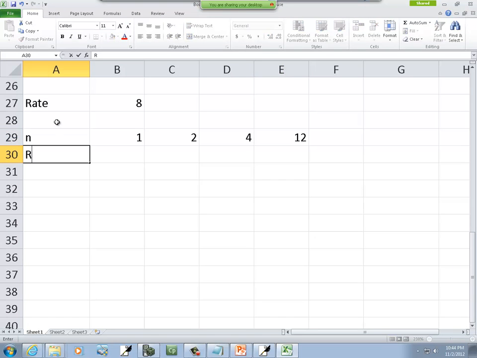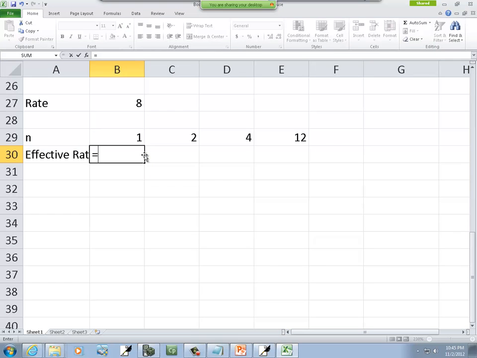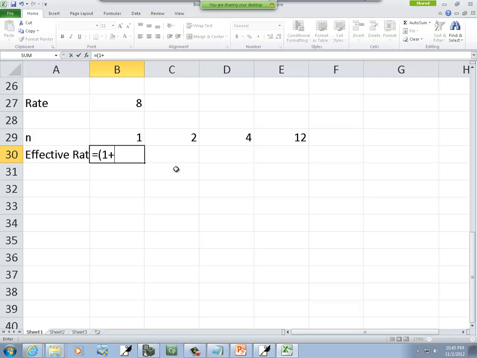And then we want to find our effective rate. So here we're doing equals, and our formula is this right here. So beginning parenthesis, 1 plus R over N. Well, R is in B27, so I do beginning parenthesis, $B$27.